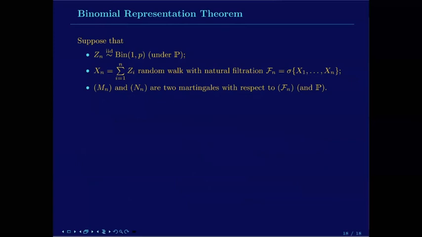So we have binomial random variables, or Bernoulli random variables, Zn, and a random walk that is constructed out of these. So we simply look at the number of successes in n trials and get by that a random walk Xn with natural filtration Fn. And now we have two martingales with respect to the same filtration.